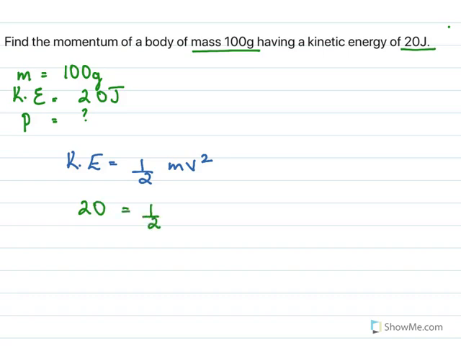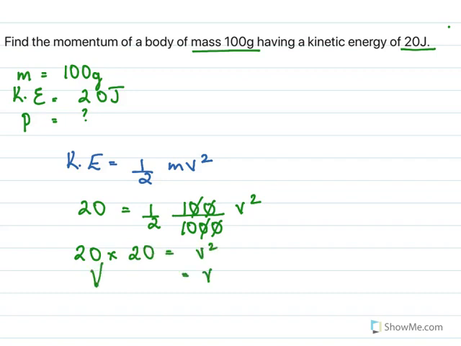So this is equal to half. The mass is 100 grams, but we got to convert into kgs. So divide by 1000, v square. This cancels out. So we have 20, and 2 into 20, 20 equal to v square. So v is under root 20 into 20. So v is 20 meter per second.